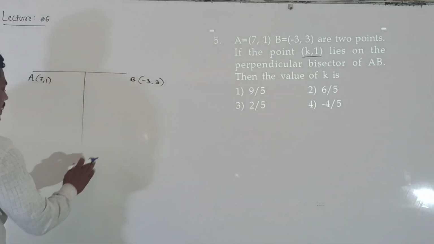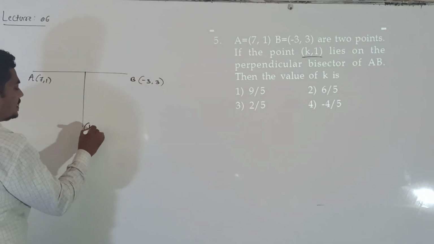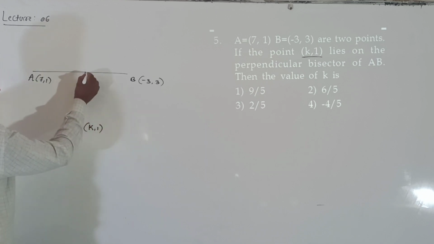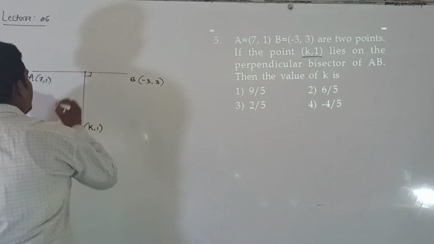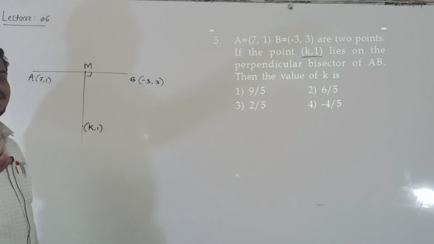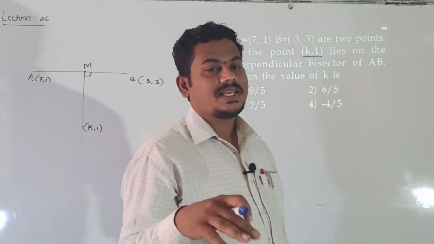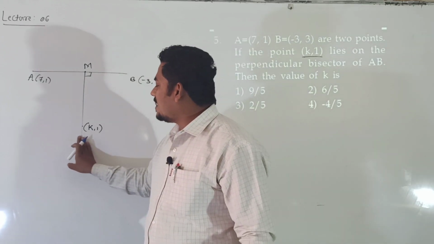This is our required line. Point k comma 1 lies on the perpendicular bisector. Then what are the coordinates of this point M? Bisector means which divides equally, means clearly M is the midpoint only. This is our perpendicular bisector line.